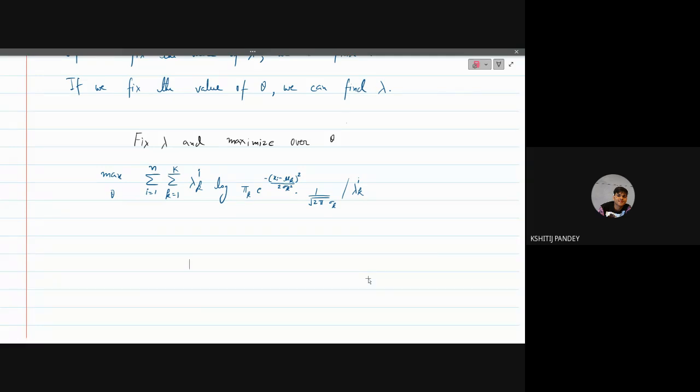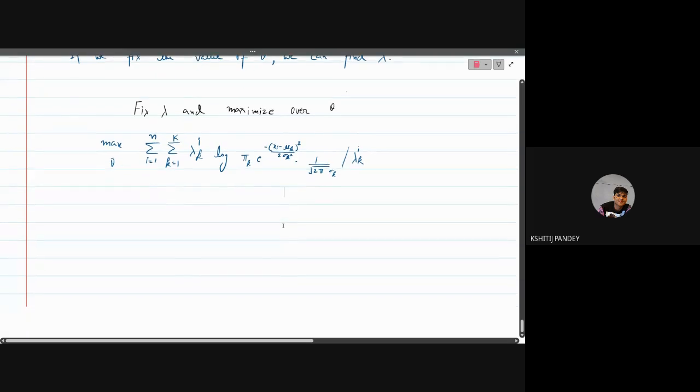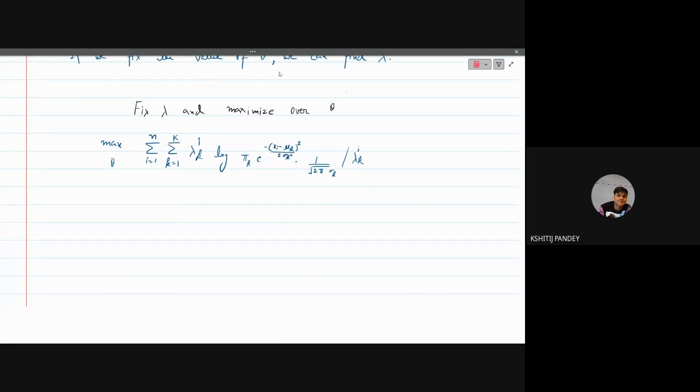When we fix lambda, you differentiate with respect to mu to find the value of mu, and after that you do the same for sigma. But when we talk about pi's, that's a constrained optimization problem. So let's look at the results we get.